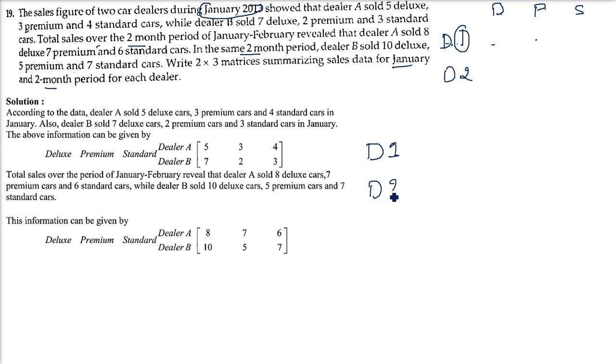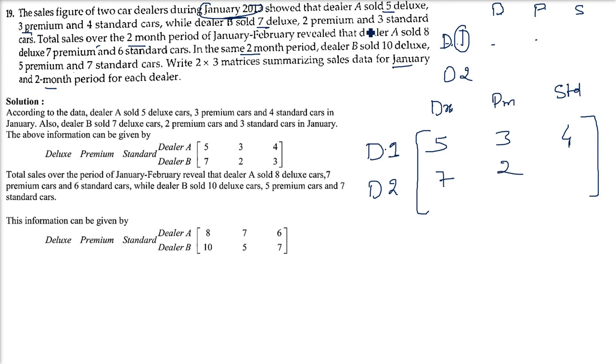So January 2013: deluxe, premium and then standard. Dealer 1, deluxe: 5. Premium: 3. Standard: 4. In the same January period, for dealer B: 7 deluxe, written below this, then 2 premium, and then 3 standard.